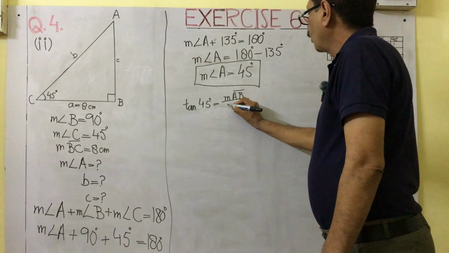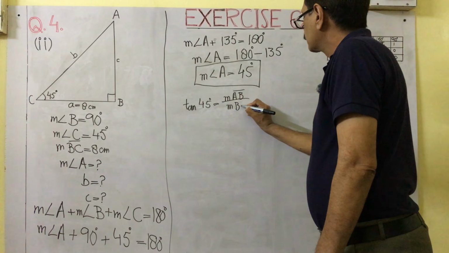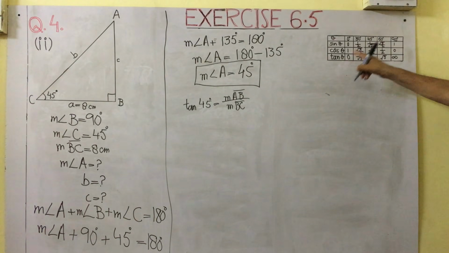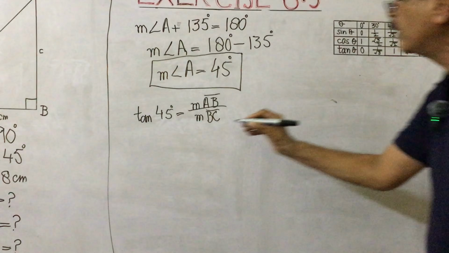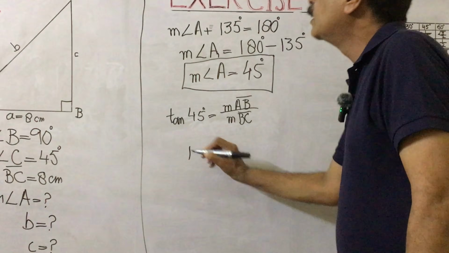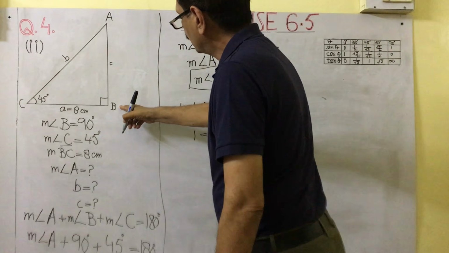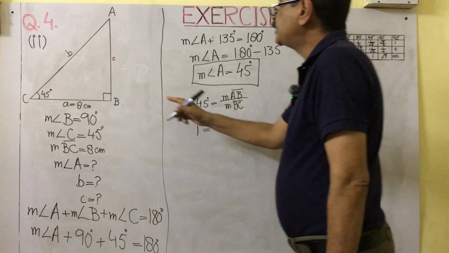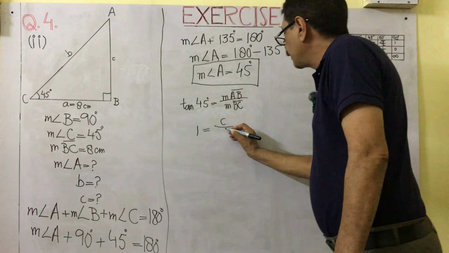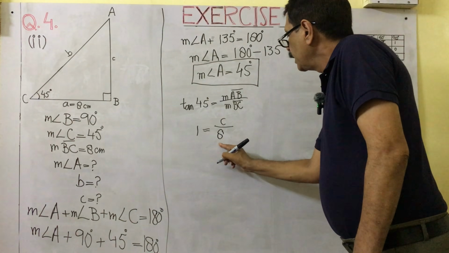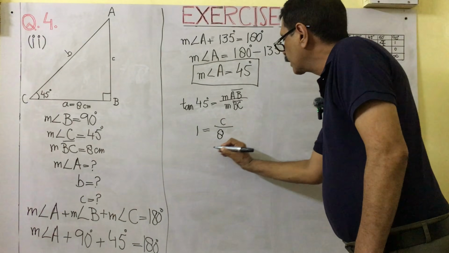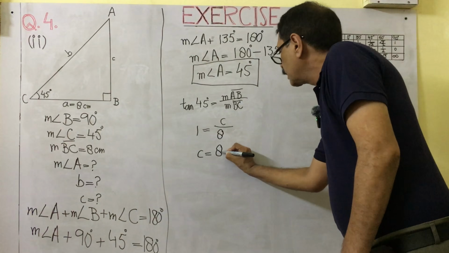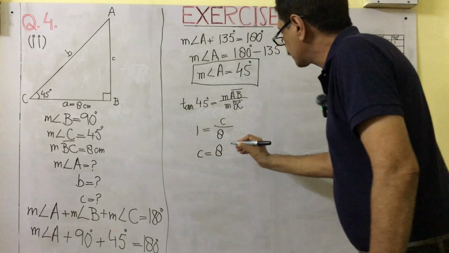Tangent 45 degrees is equal to 1. AB is c, small c. BC is 8 centimeters. 8 ones are 8. So c is equal to 8 centimeters.